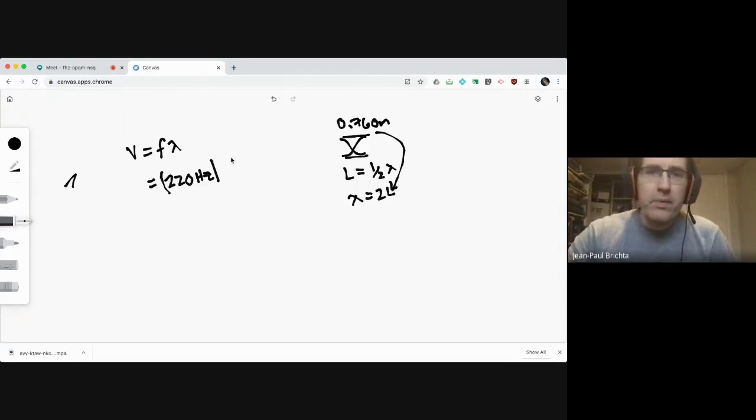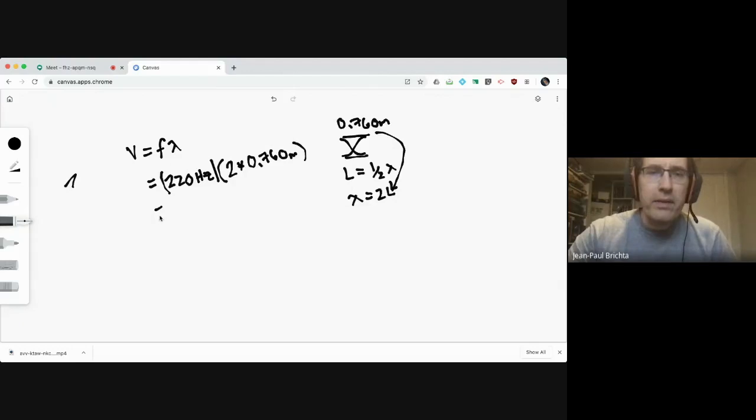My wavelength in this case is going to be 2 times 0.760 meters. And my last step is just to multiply all of this out.